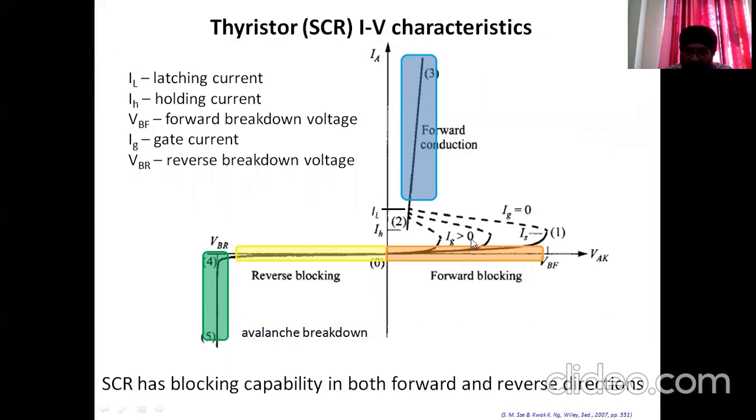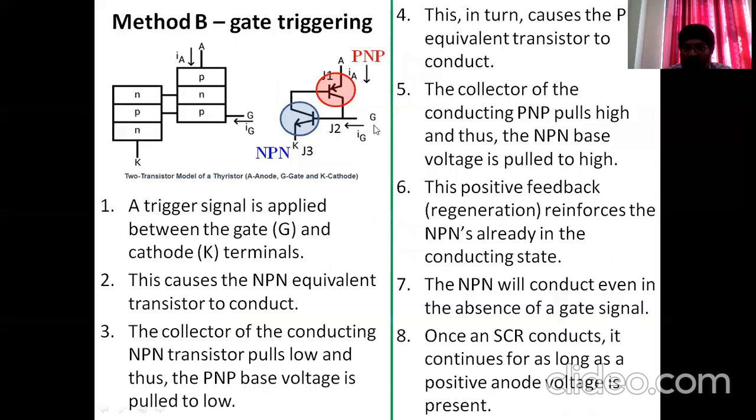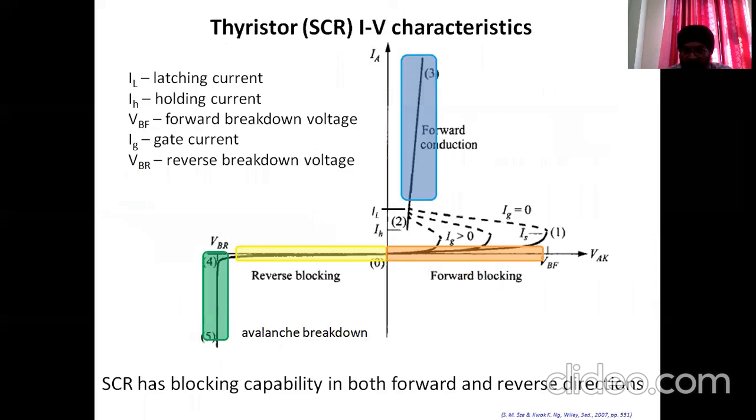If we apply a higher value of gate current, this gate current is actually the base current of the NPN transistor, because it is the base of the NPN but the gate of the complete SCR. So if we apply a higher value of gate current, it can be triggered much earlier, so at a smaller voltage.